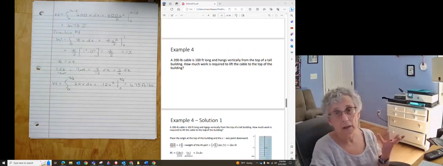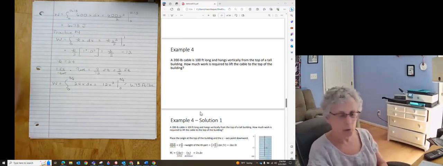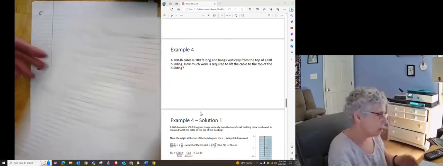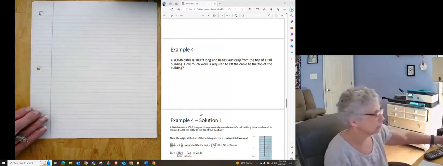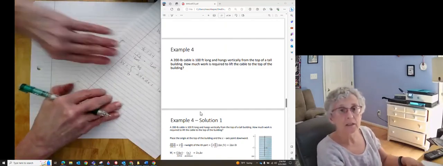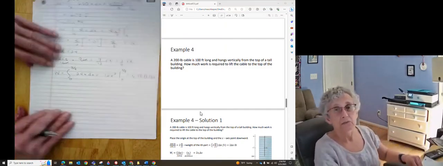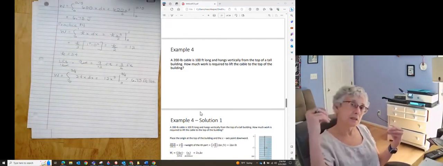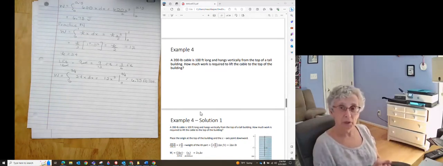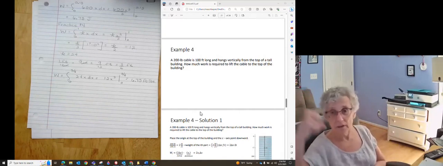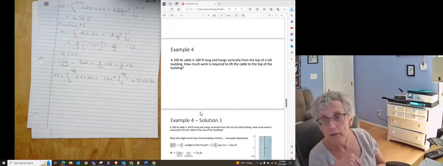Okay, now we've got a completely different kind of example. So we're going to take a break from Hooke's Law, and we're going to move on to moving objects that are variable mass. So it's not like the first example where we were just moving a book. Now we have a cable that's going to be heavier the longer it is. It's a 200-pound cable.